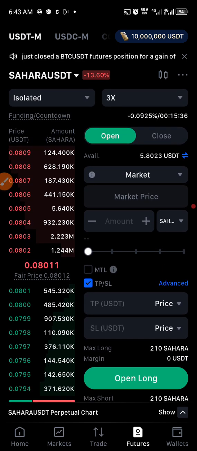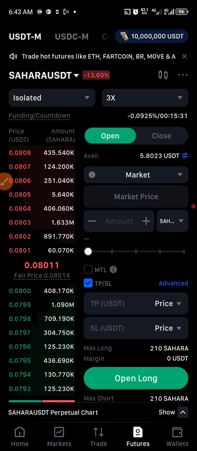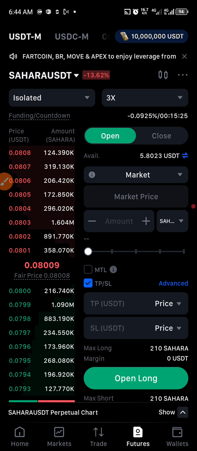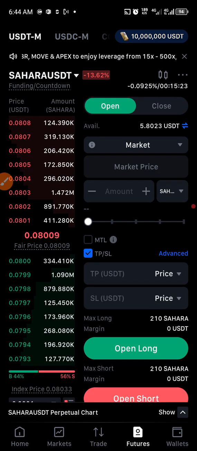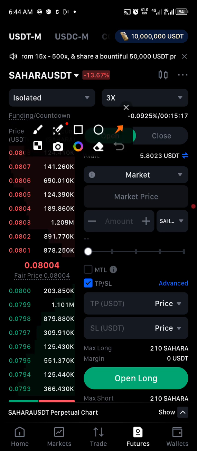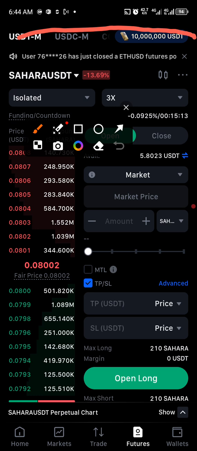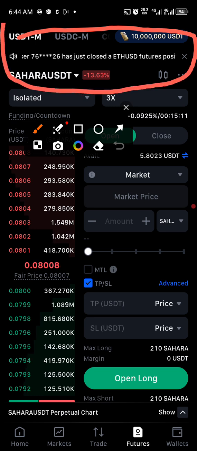Now you need to understand some certain things here so that you will be able to scale through, especially as a newbie. Let's talk about the interface first. Once you have selected futures, you need to take note of this at the top.